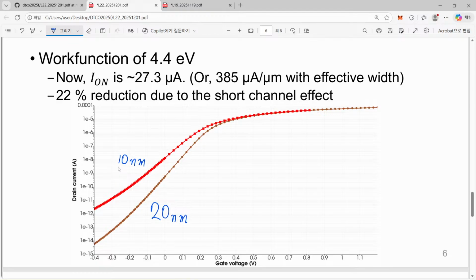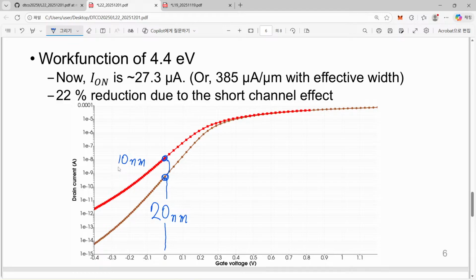And as you can see, when we have a gate voltage of 0, previously there was a certain value, and now we have values much higher than that, roughly two orders of magnitude higher current value.